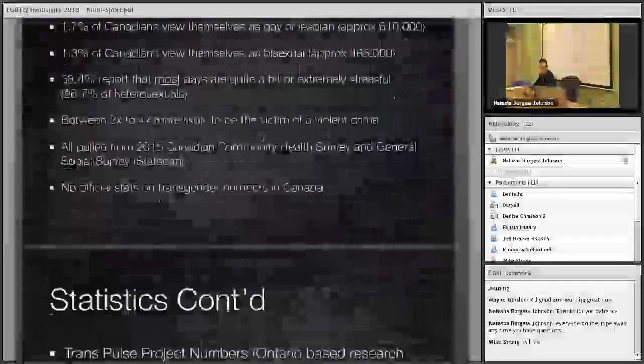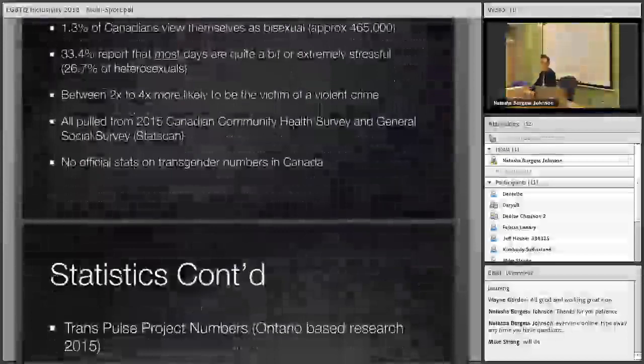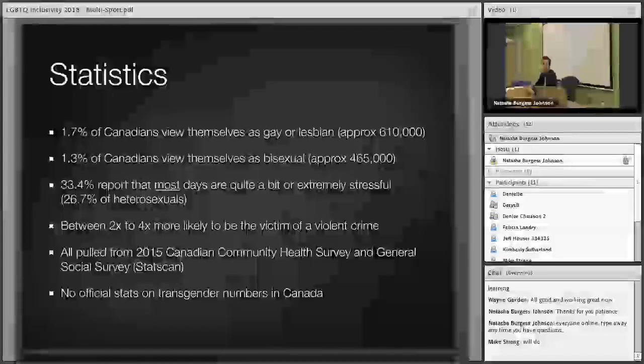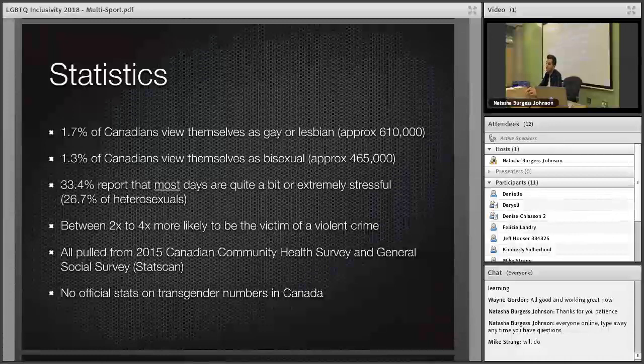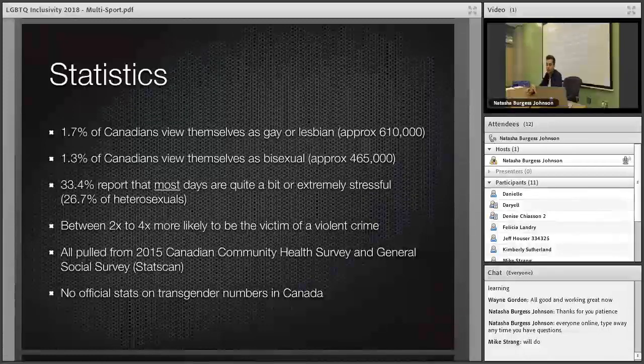So these are stats straight from Statistics Canada, the most recent ones I could find. I also thought it was important to use Canadian stats. Finding American stats is easy, but we're not the States, and we have our own hurdles. We also have some advantages in Canada.